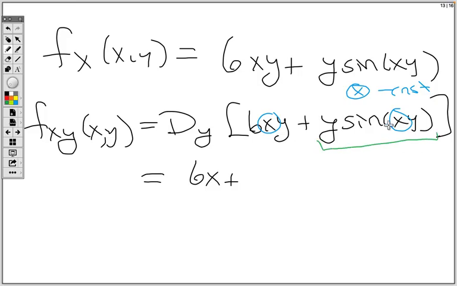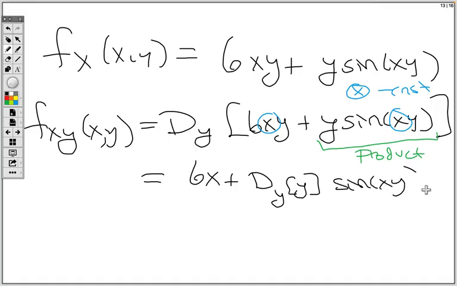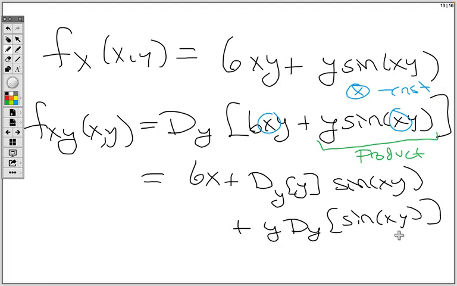Yeah, we're going to have a product rule because we now have a product of two functions of y. So the product rule says I've got to take the derivative of the first factor with respect to y times the second factor, plus the first factor times the derivative of the second factor with respect to y.